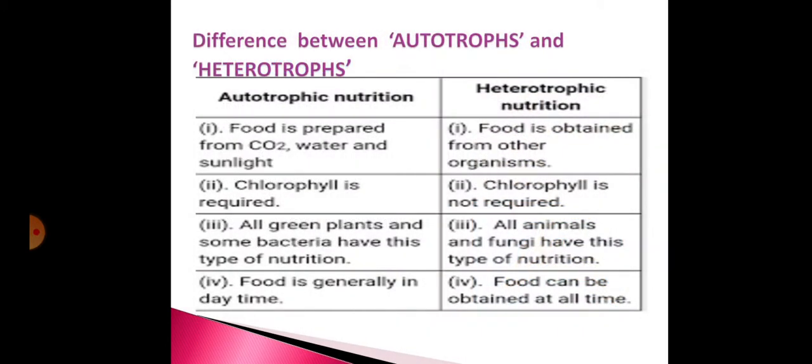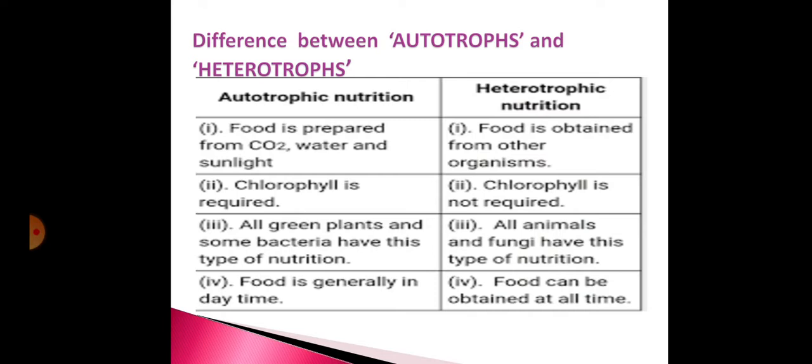Children, now that we know in detail about the heterotrophic and autotrophic nutrition, let us have a glance of what we have learnt. Autotrophs prepare the food using carbon dioxide, water, sunlight and chlorophyll.